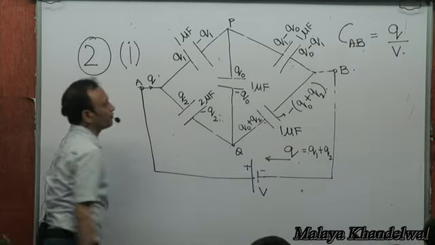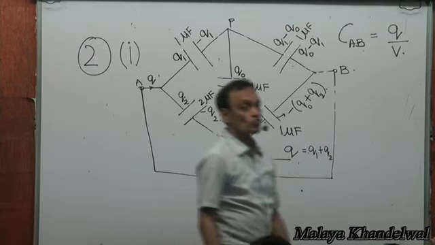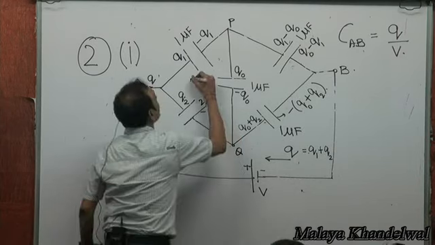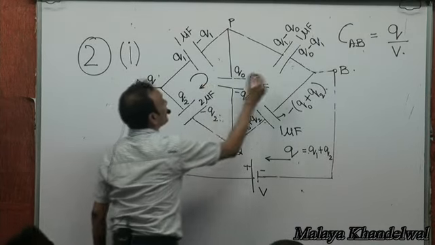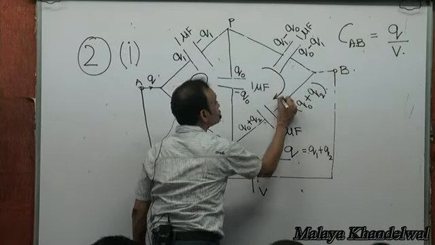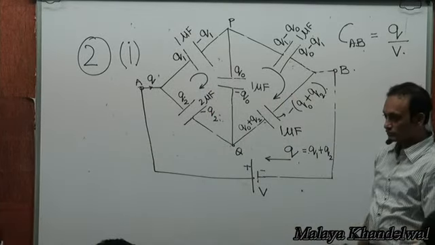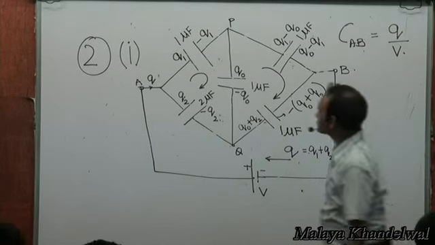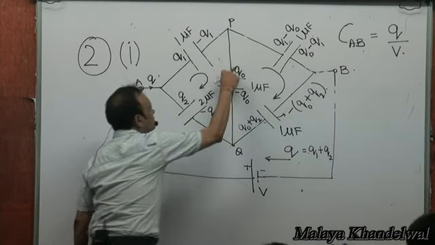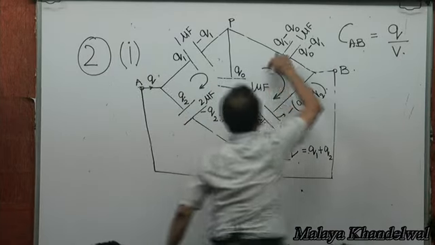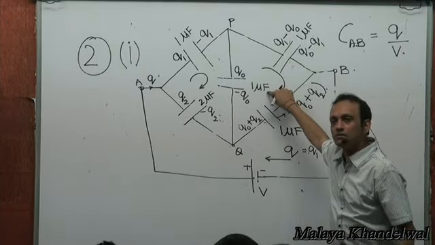Now, I am going to apply KVL to this loop, and I am going to apply KVL to this loop. Algebraic sum of the potential drops in this loop must be 0.